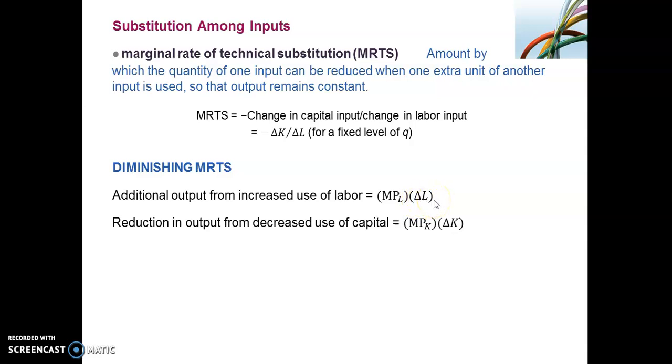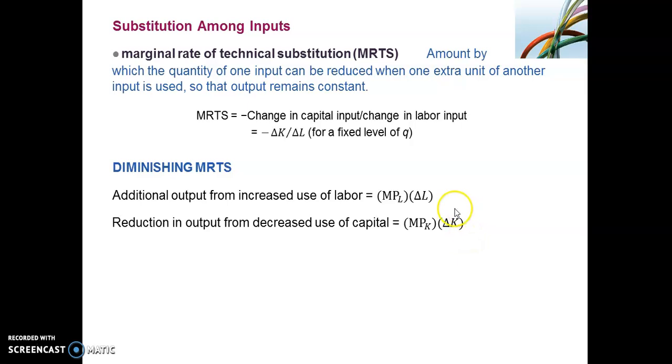But similarly, as you move down that isoquant, you're having a situation where there is a reduction in how much capital is being used. So there is a decrease in the use of capital. So there's a change in K and it's a decrease in K because, of course, we are using labor now instead of capital. So that is the change in capital.